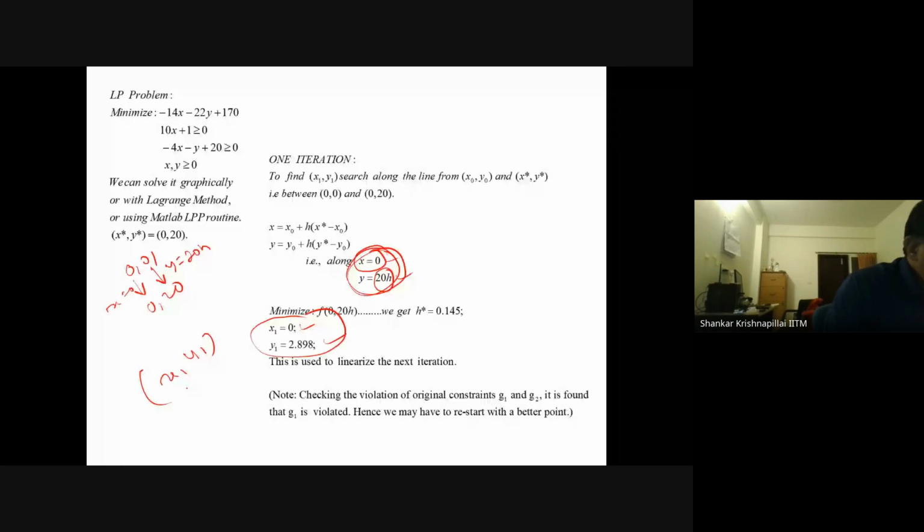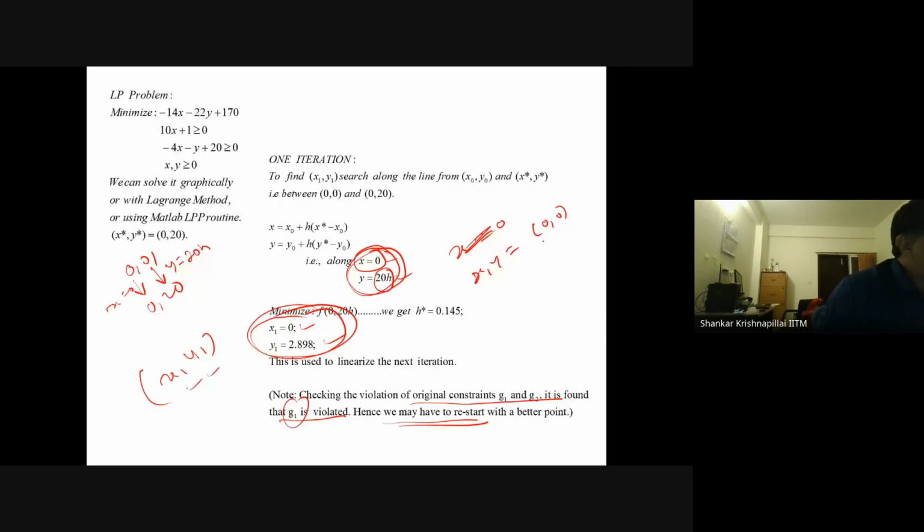But before you do that, you have to check that the original constraints G1, G2 are not violated at x1, y1. It is found that G1 is violated. So it means x, y equal to 0, 0 is not a good starting point, and you have to restart with a new starting point.